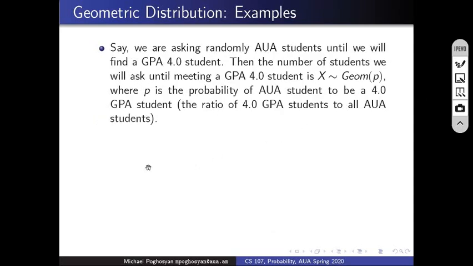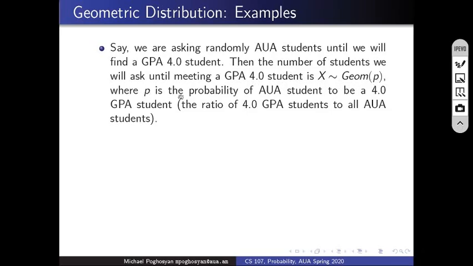Let's move forward. So assume we are asking randomly AUA students until we find the first 4 GPA student. The number of students we will ask until meeting that first 4 GPA student is geometric. So X is that number, geometric with probability p.